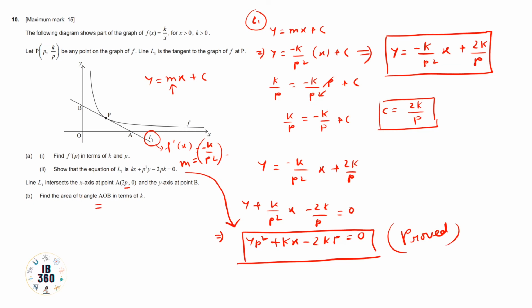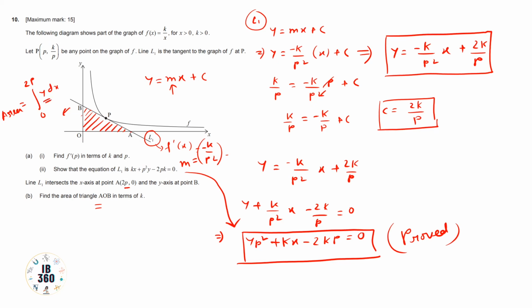You can integrate to get the answer also, but there is one easy way that I will discuss in the next slide. For the area, you can integrate from x equals to 0 to 2p, y dx, to get the area.